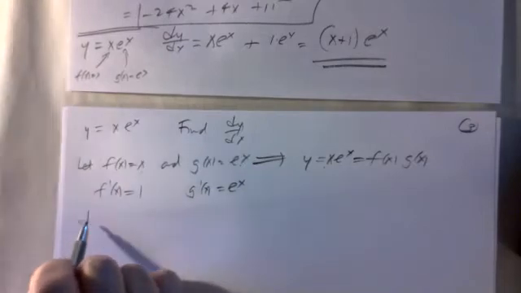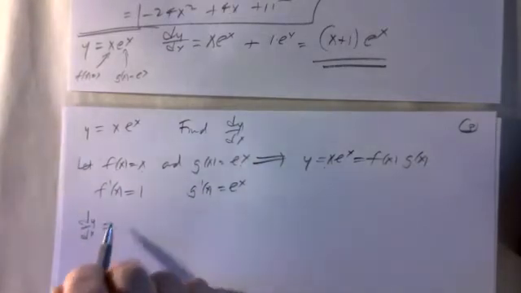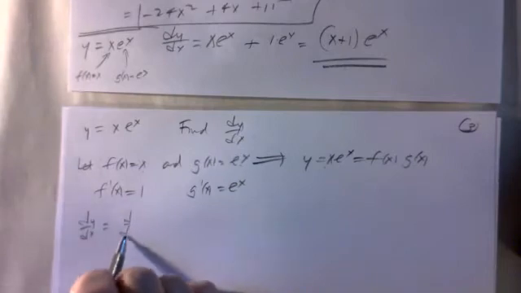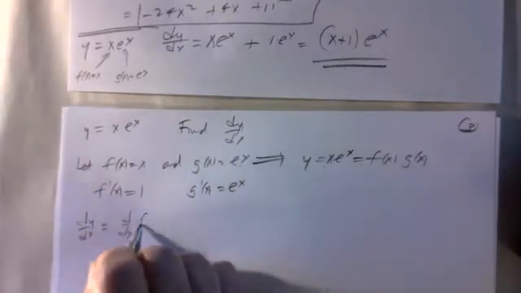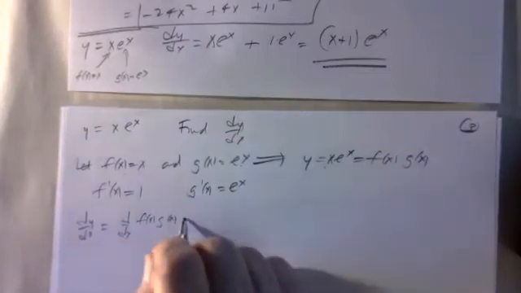So dy dx is the derivative with respect to x of, let me just write it as f of x, g of x, where this is f and this is g.